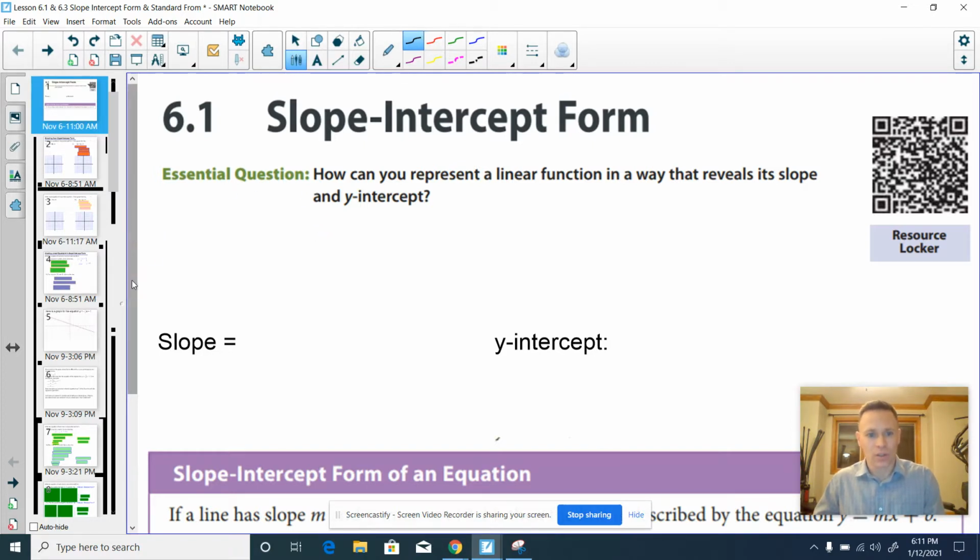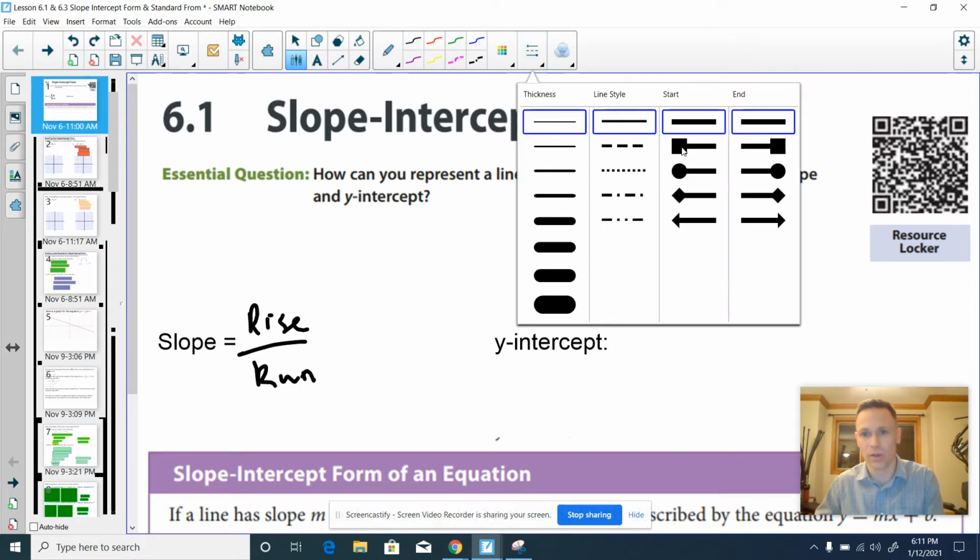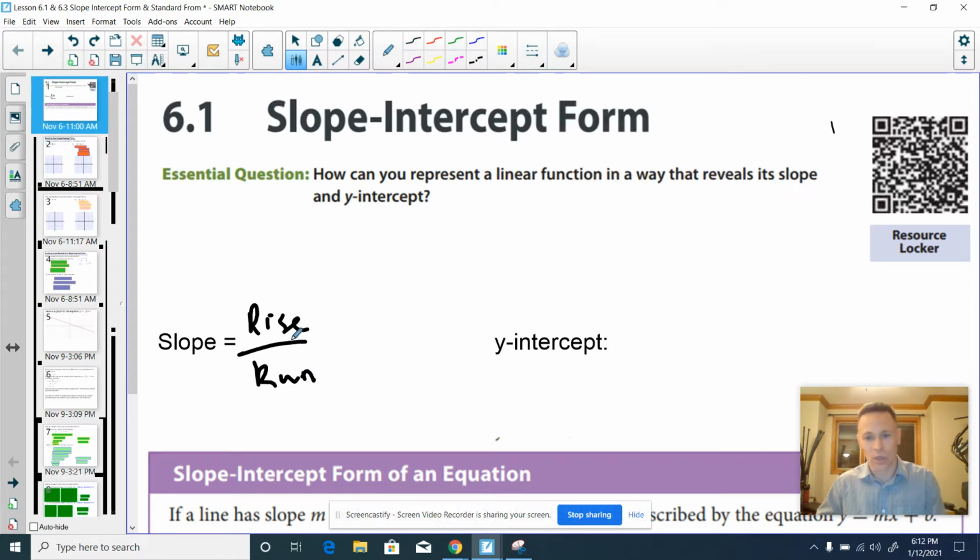All right, the first thing we're going to review are things about slope and y-intercept. Remember, slope, as a casual definition, is our rise over run. And we had a formula for that, which is y2 minus y1 over x2 minus x1.